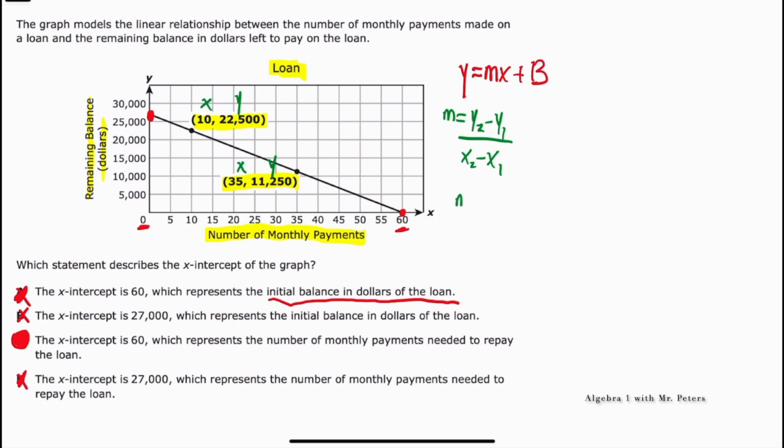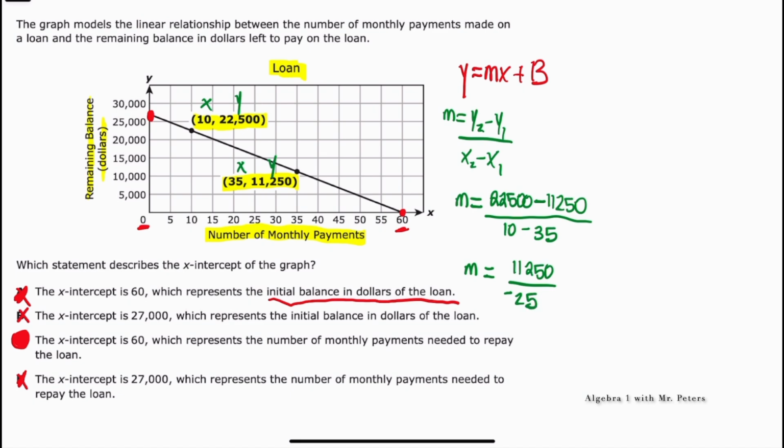So when I set this up, I'm going to say M is equal to 22,500 minus 11,250. And then for our x coordinates, we're going to have 10 minus 35. Now, when I simplify this, M is equal to 11,250 over negative 25.